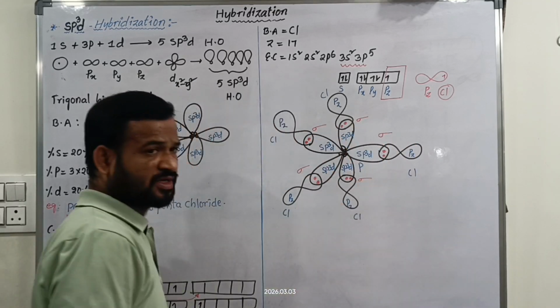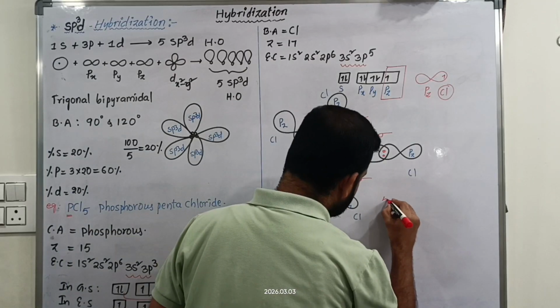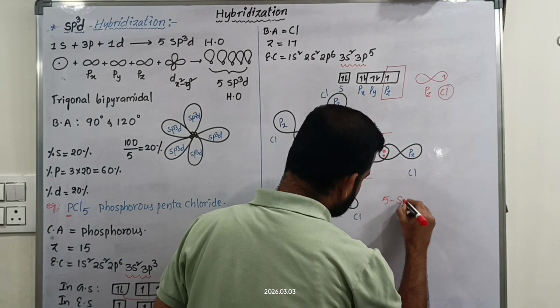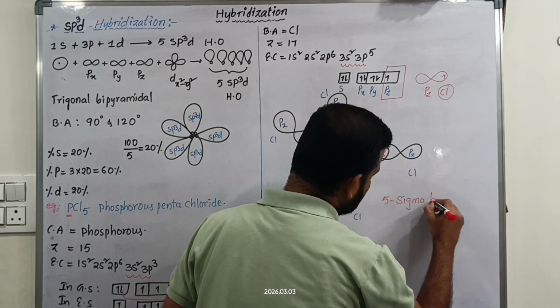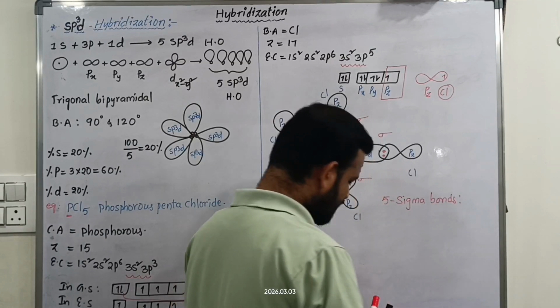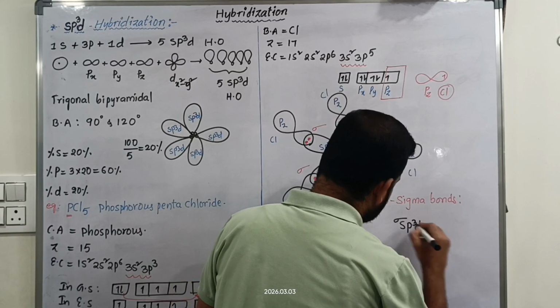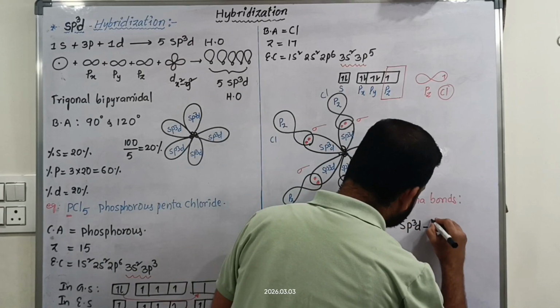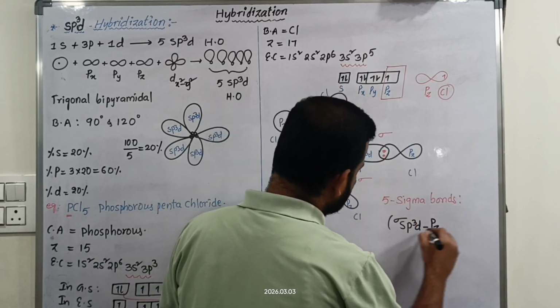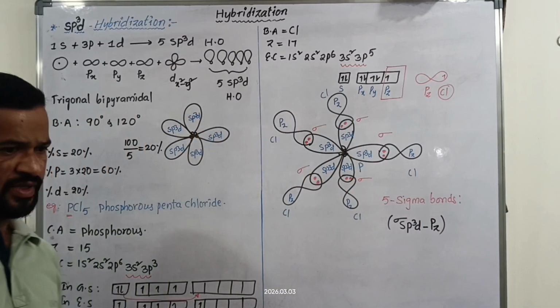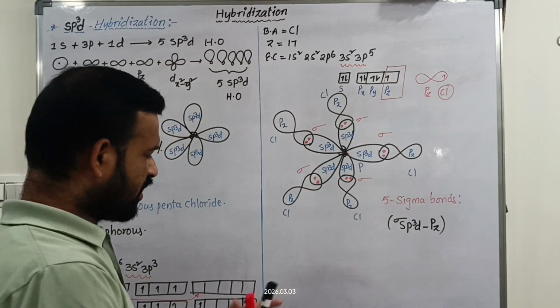How many sigma bonds are formed here? 5 sigma bonds. These 5 sigma bonds are formed between the sp3d hybrid orbitals of phosphorus and the pz orbitals of chlorine atoms. Now we will see the bond and structure.